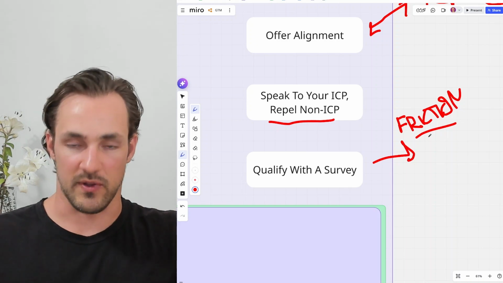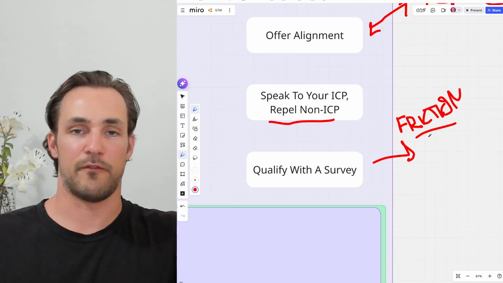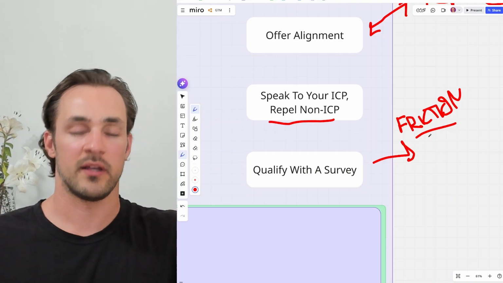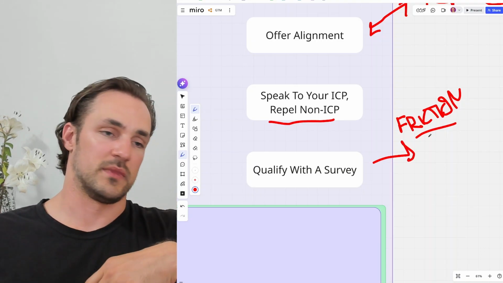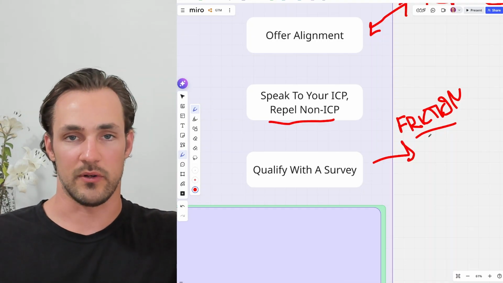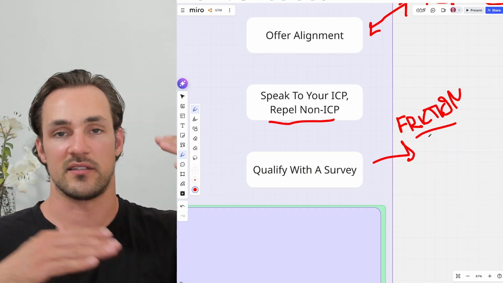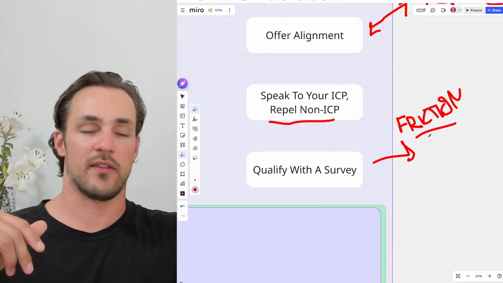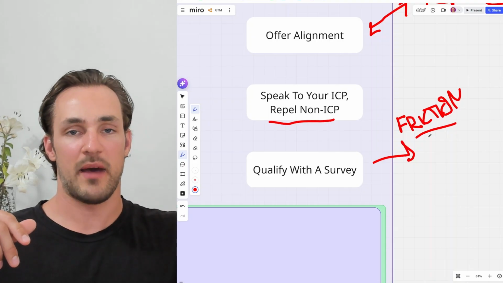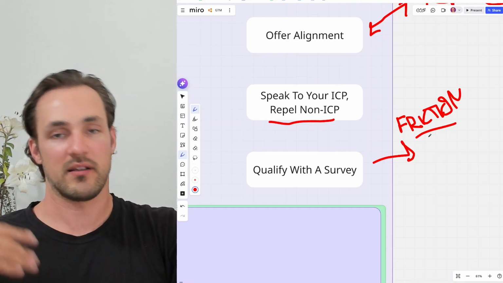If you have a specific qualification framework, you want to include questions that fit within that qualification framework versus just a million questions that may or may not be useful and adding unnecessary friction. That's the key distinction. You want to add friction that will in fact get rid of the bad fits and will keep the good fits inside of your process, inside of your funnel.